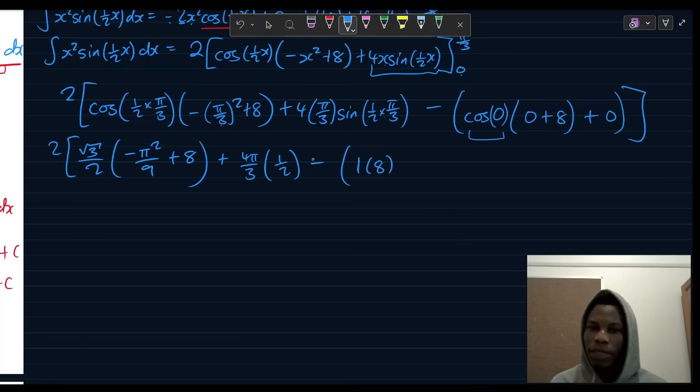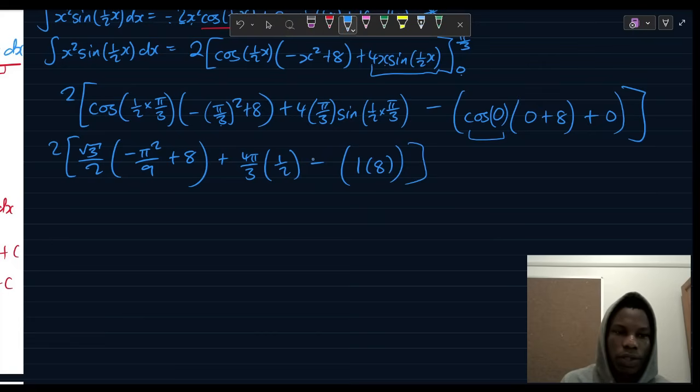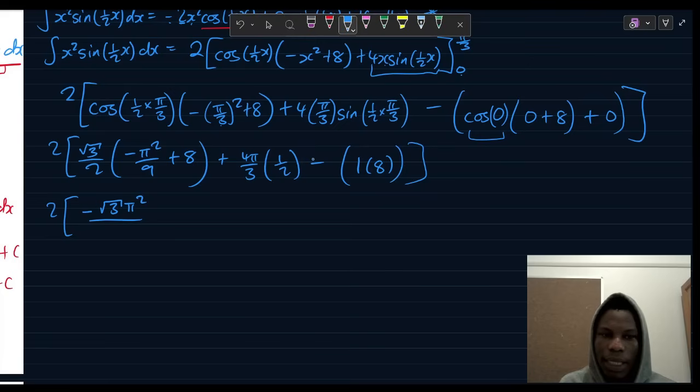So we've got 2, and then here root 3 over 2 times minus pi squared over 9. So that's minus root 3 pi squared if we multiply the numerators. And then the same for the denominators, 2 times 9, 18. And then root 3 over 2 times 8.